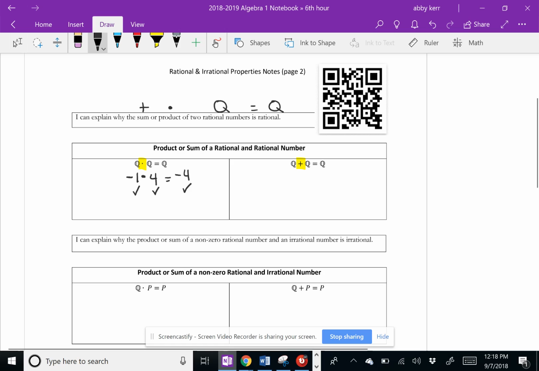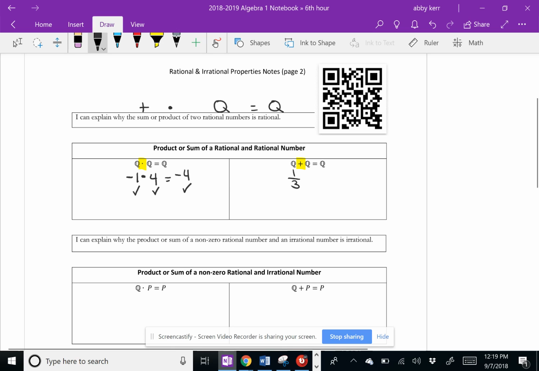Now, for the second property, rational plus rational equals rational. Once again, come up with some type of number, any number that you can think of. So I'm going to choose 1/3. 1/3 is definitely rational because it's a fraction.